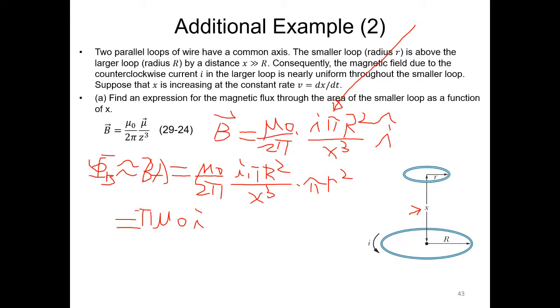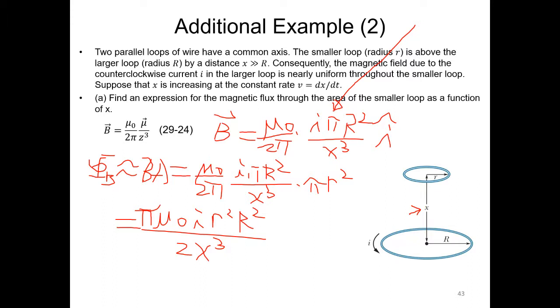It depends on how you arrange the order of the variables, but it doesn't really matter. You just cancel one of the pi, and you have 2x cubed at the bottom.